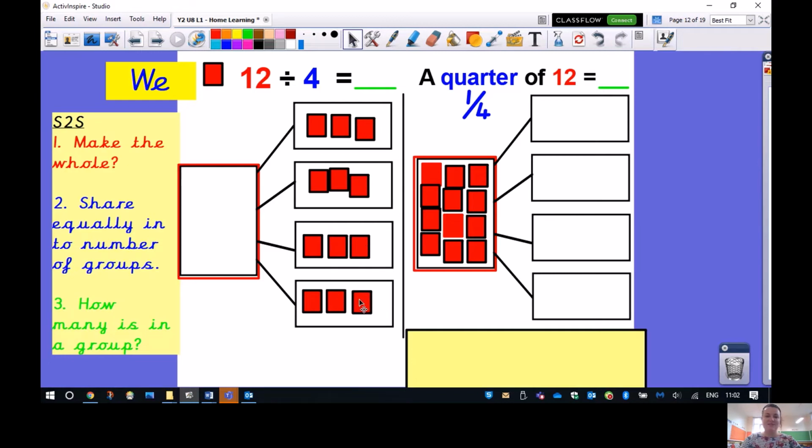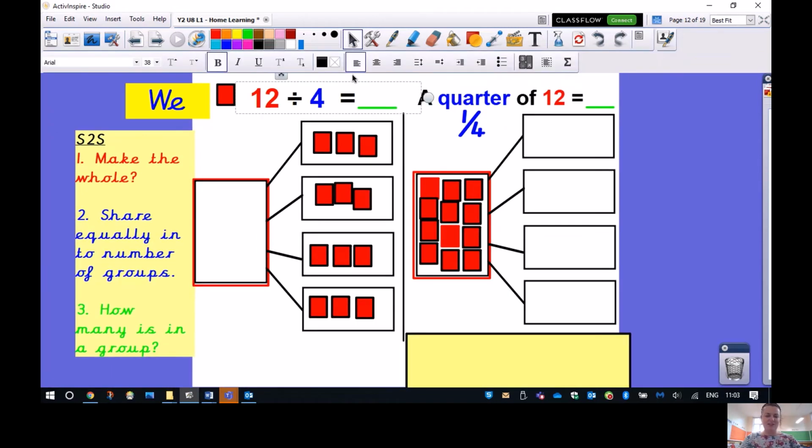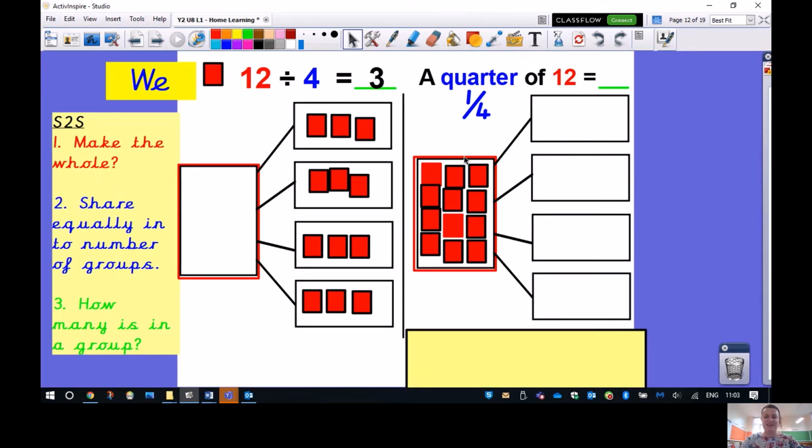And you can see now that dividing my 12 into 4 equal groups gives me 1, 2, 3 in each group. A quarter of 12 gives me an answer of 3.